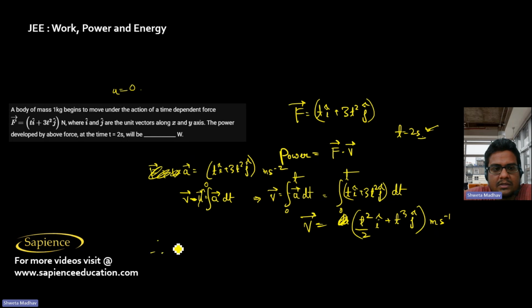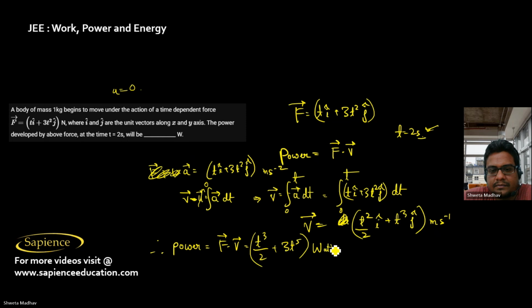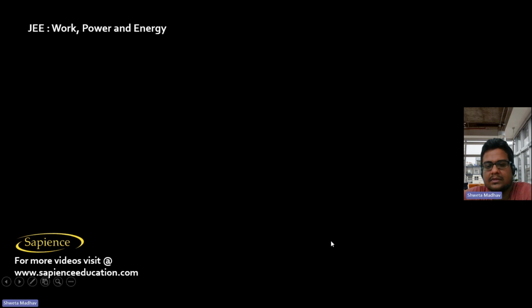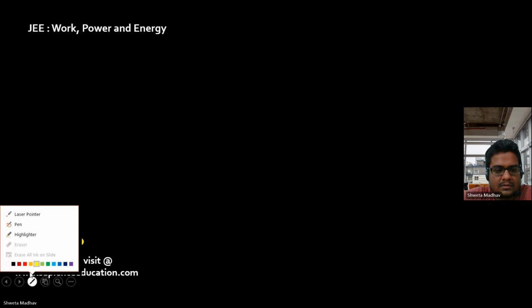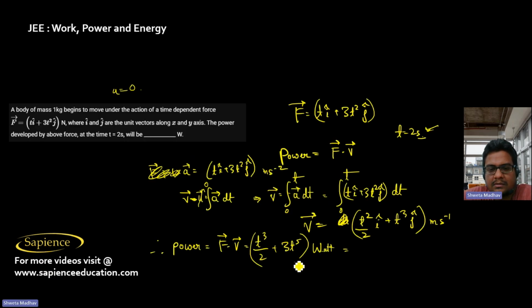So now the power developed will be equal to F dot V. F dot product with V we have to do. So it will be t cube by 2 plus 3t square into t cube, that is 3t power 5, this much watt. The power we have to find at time 2 seconds.